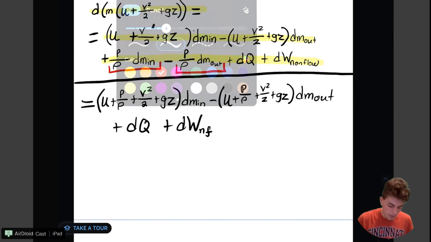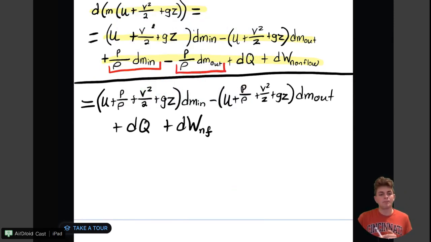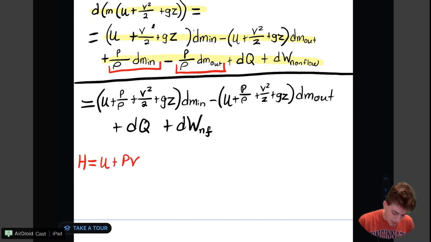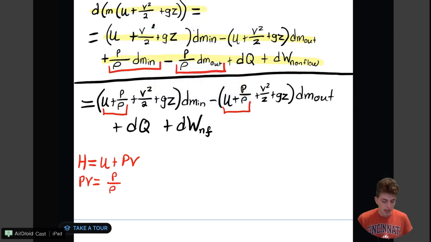Now, knowing the equivalence between internal energy and enthalpy, being that enthalpy is equal to internal energy plus pressure times volume, and we already said that pressure times volume is equal to pressure over density, we can rewrite these two chunks here as enthalpy, or H. And then now we will have H in and H out terms for our flow system.